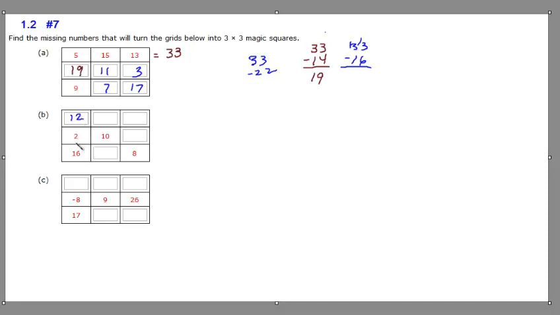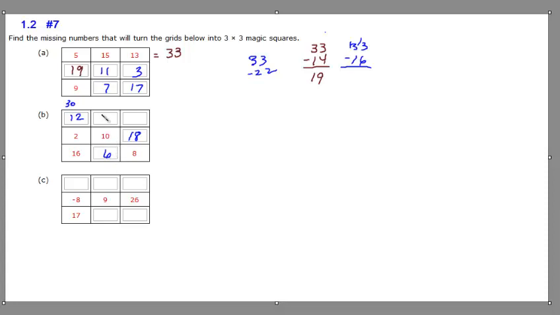I like that just because 14 and 16 are 30. So I made a 30. So if that's a 30, then let's go across. That would be a 12. So this would need to be an 18. This right here, if that's 16 and 8 are 24, so that would need to be a 6.